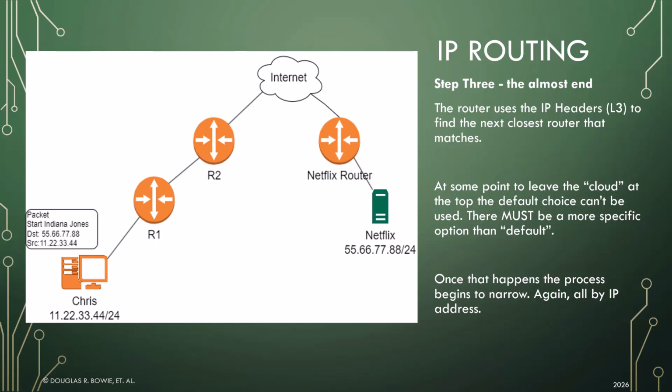And so those packets go down a specific route from the internet down to the Netflix router. And the Netflix router looks at it and goes, oh yeah, that's one of mine. I know exactly what to do with that. And it ships that packet again, creates a frame on that network with the Netflix box, puts layer 3 in it, puts data in it, ships it off to the Netflix box, who will unpack it and deal with the data and deal with the request and all that kind of stuff.